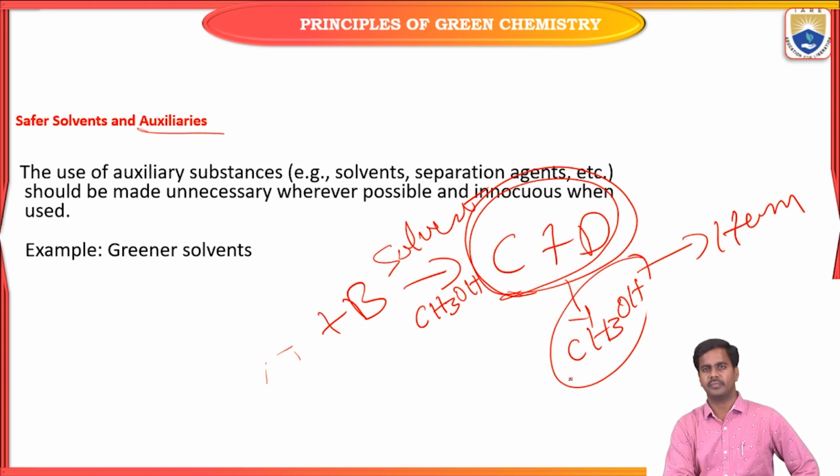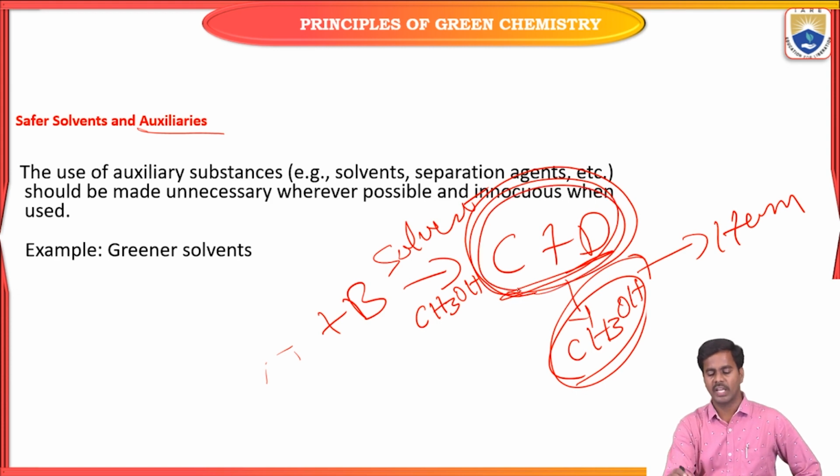If you do not separate this methanol from these products, they also will become toxic. Automatically, products C plus D will be toxic. That's why this methanol has to be separated from the reaction.